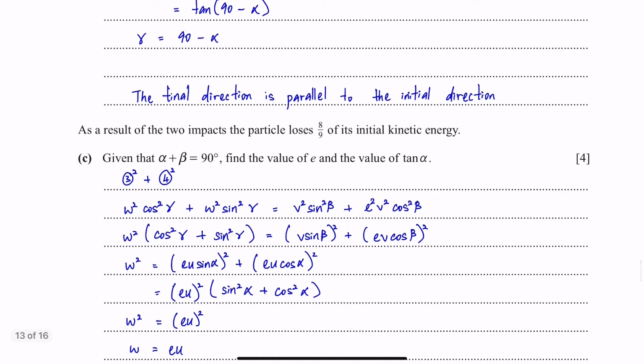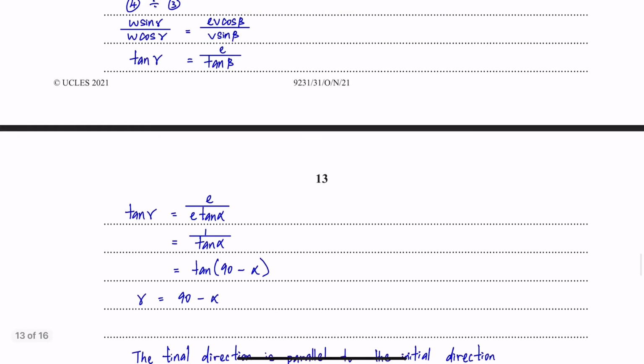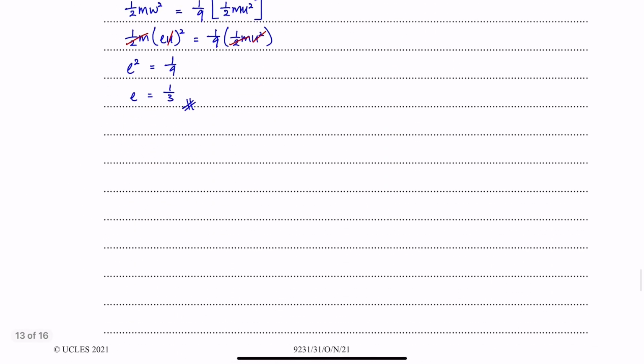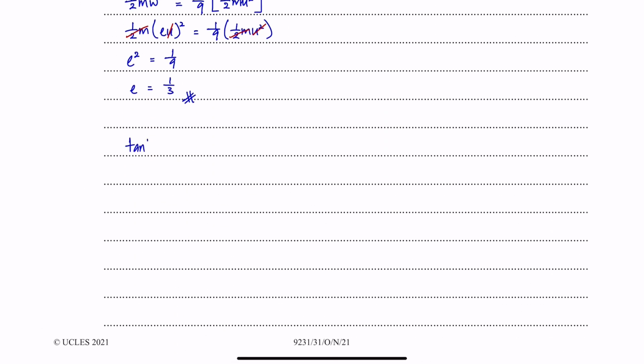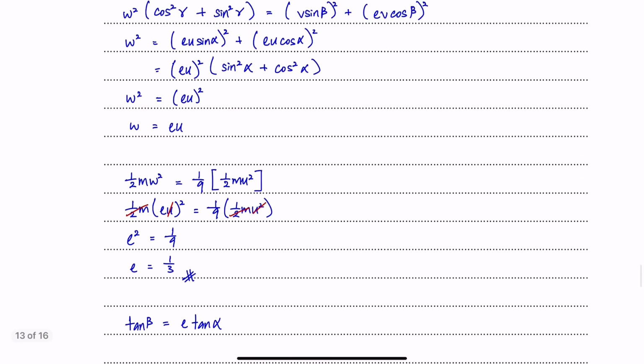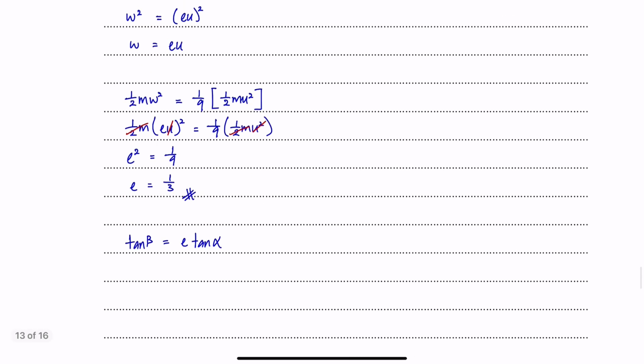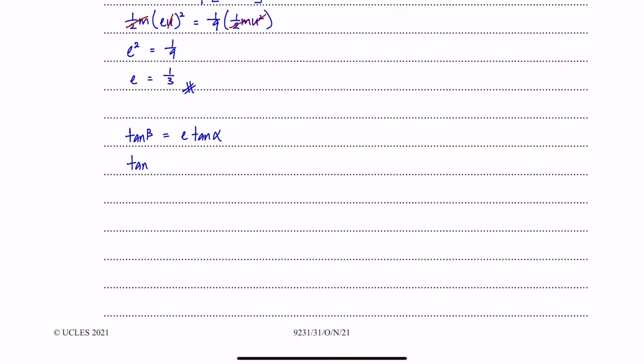And now we have to find tangent alpha. So we look back at part A. We have this equation: tangent beta equals E tangent alpha. And we know that alpha plus beta equals 90. So beta would be 90 minus alpha. And E is 1/3.